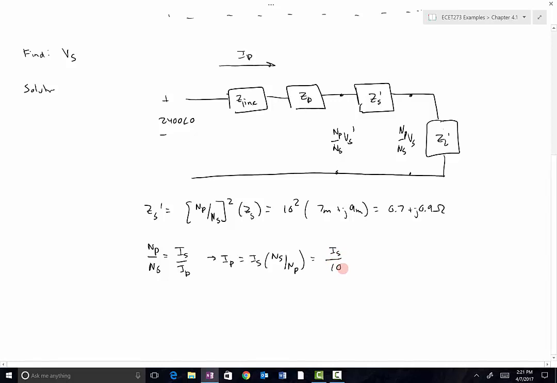We were told IS is 200 amps at a power factor of 0.8. It's a lagging circuit, so that's an angle of negative 36.87 degrees. We just divide that by 10, and we get a primary current of 20.08 at an angle of negative 36.87 degrees amps, as the primary current in the transformer.